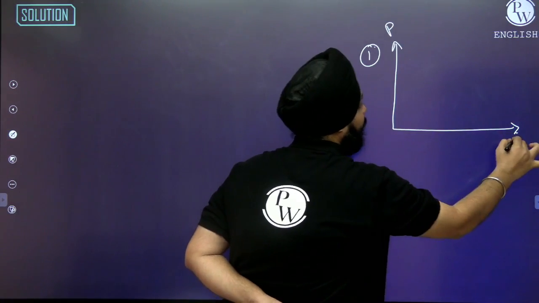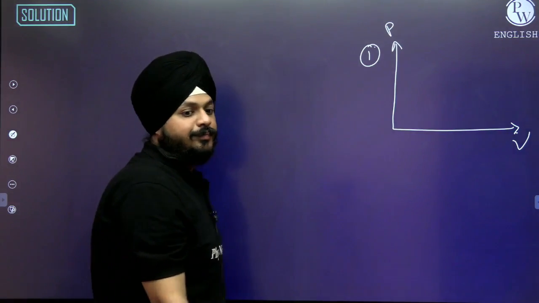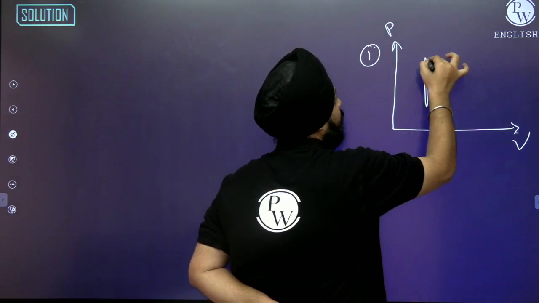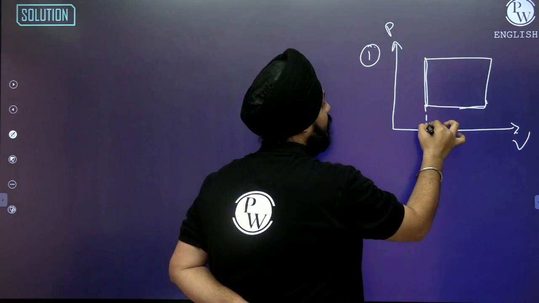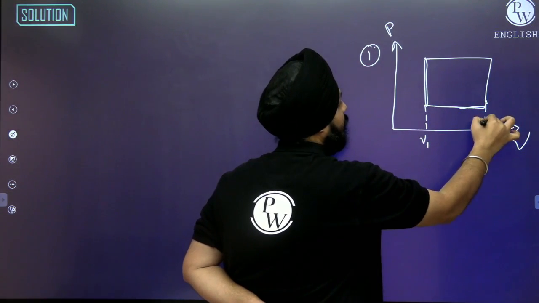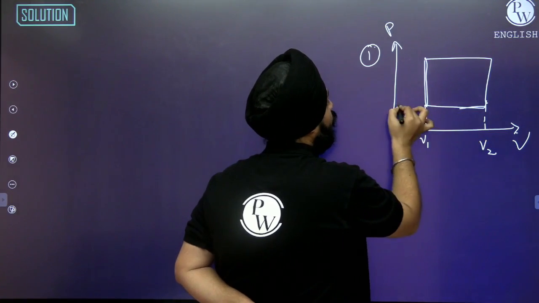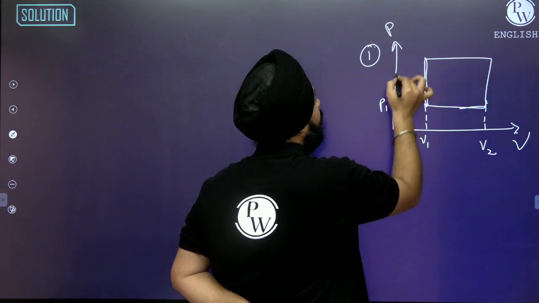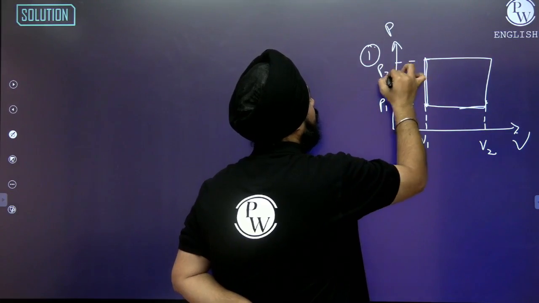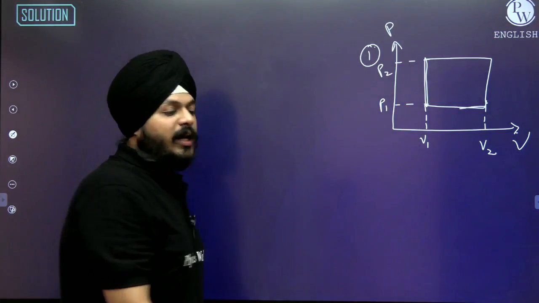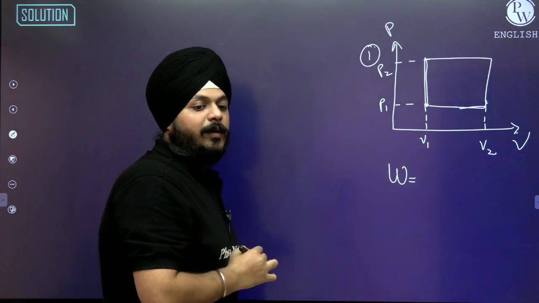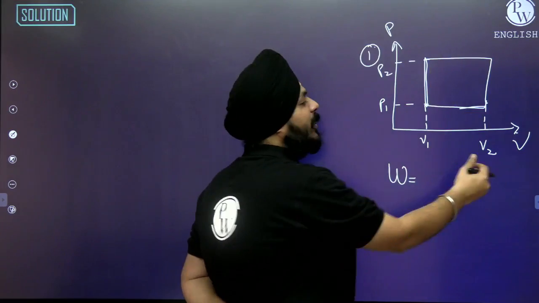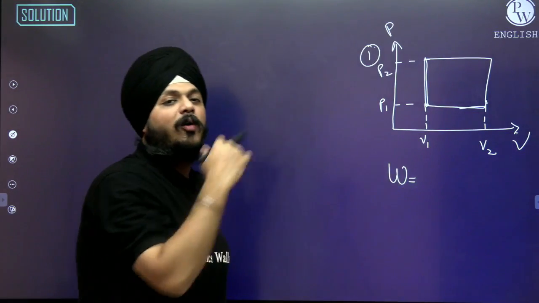Suppose this is the PV graph. We are having a rectangle, right? V1, V2. This is P1. So here, what will be the work done? Right now I'm not saying whether the process is going clockwise or anti-clockwise.